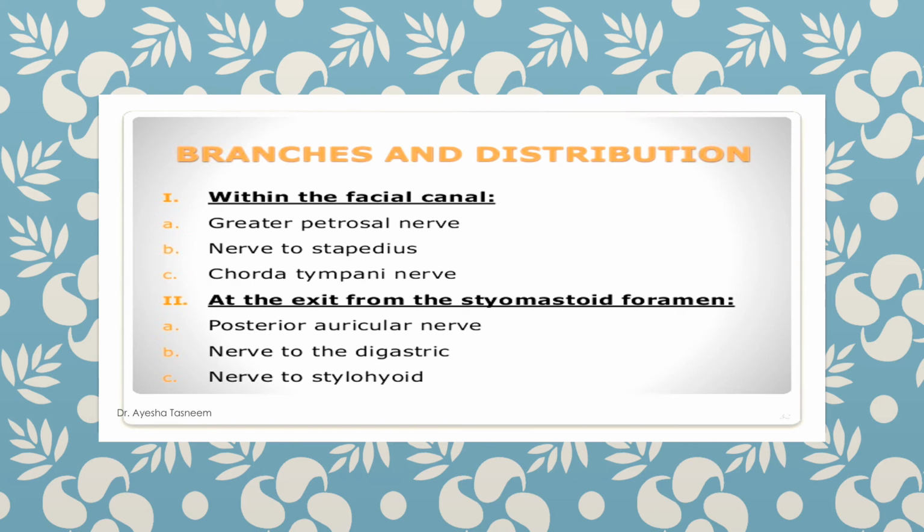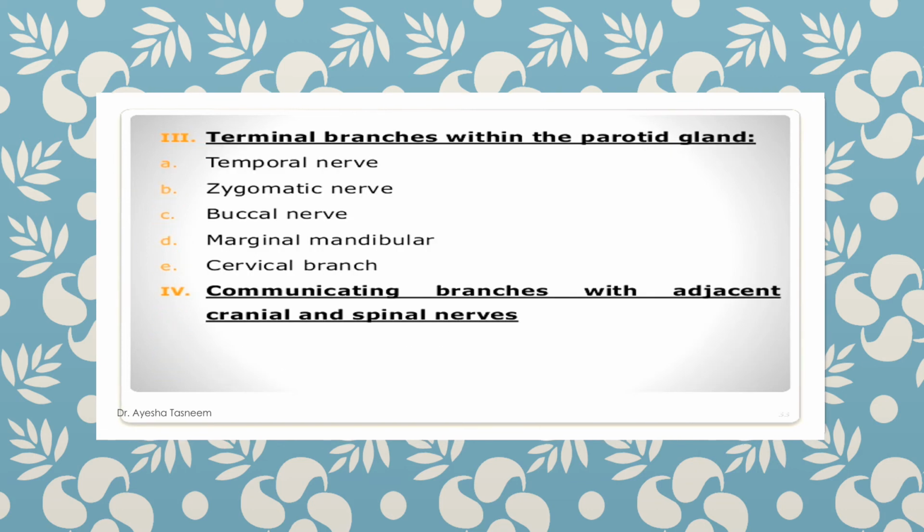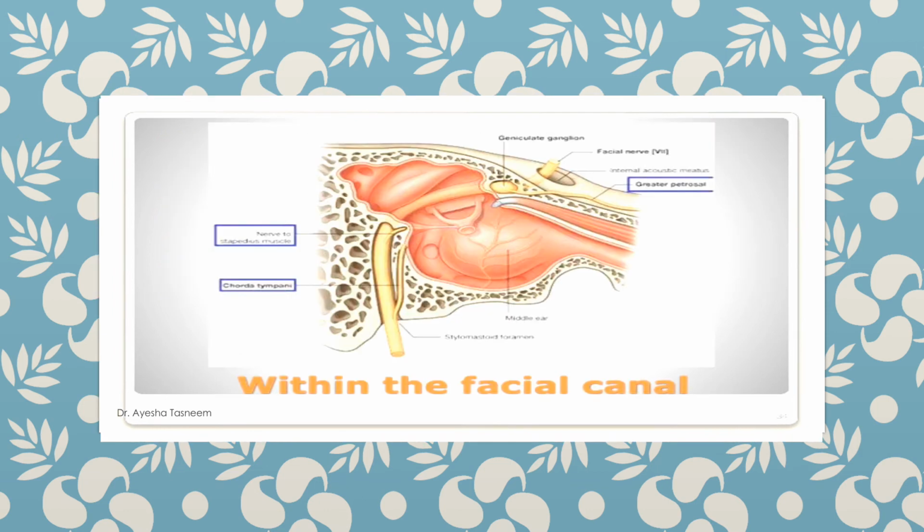Now I will show you some pictures of these nerves. Here you can see the facial nerve. Its course from the internal acoustic meatus up to the level of the stylomastoid foramen.